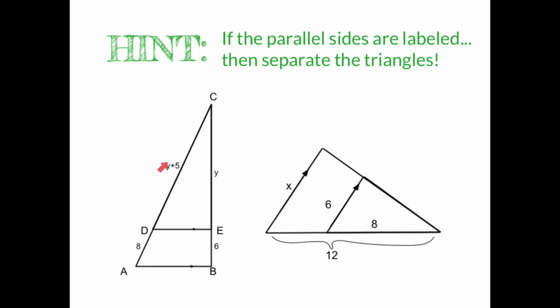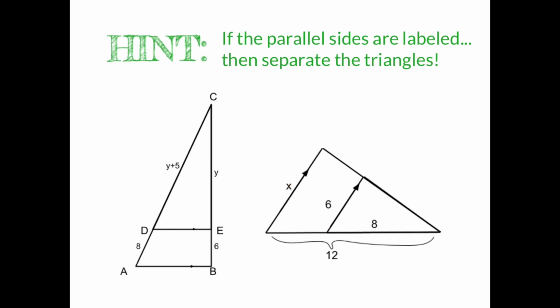In this example here, DE and AB are the parallel sides. Notice that they are not labeled with a value. They're not labeled with a variable or an amount. But in this example, my parallel sides are labeled with an X and a 6.